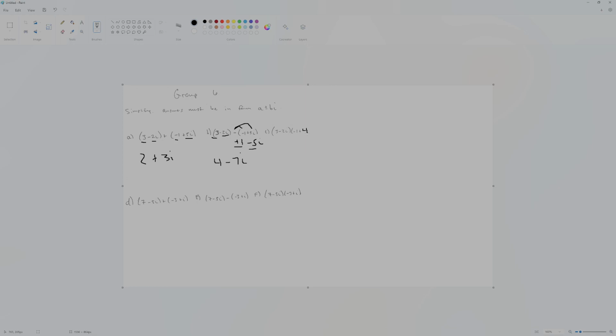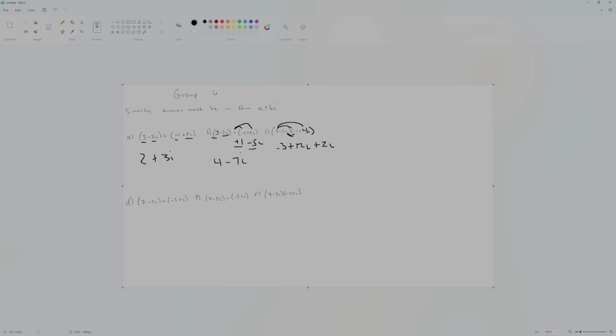And for the last one, I want to say it was a 4. So I'm going to do it as if it's a 4. I apologize if it's wrong. 3 times negative 1 is negative 3. 3 times 4i makes that a positive 12i. Negative 2 times negative 1 is a positive 2i.